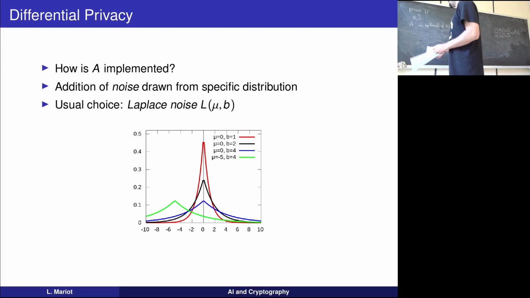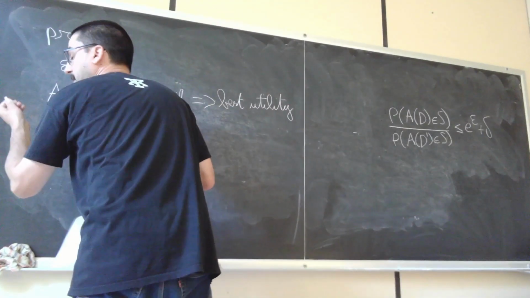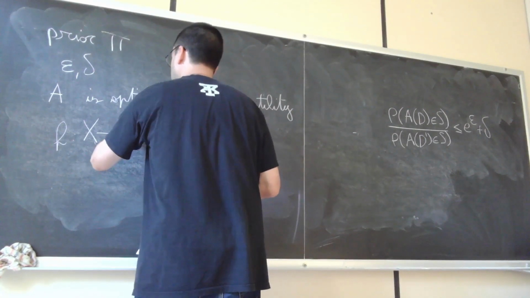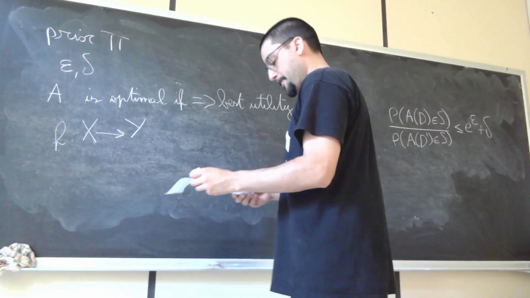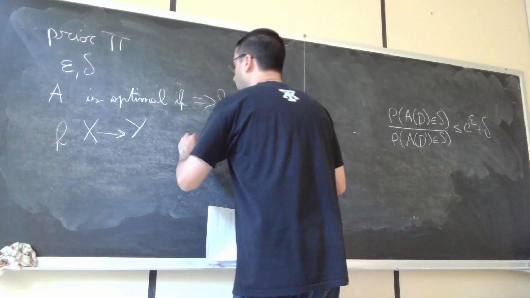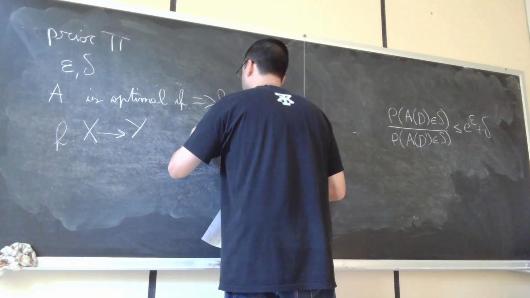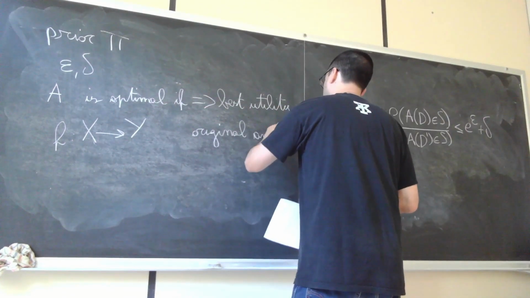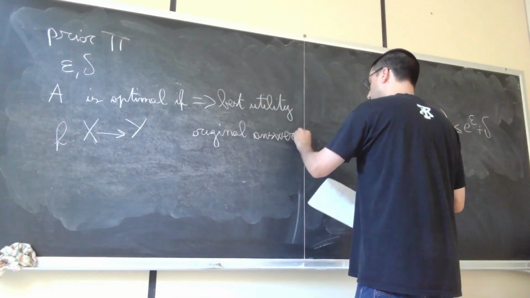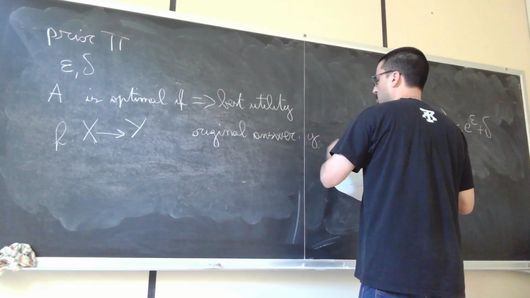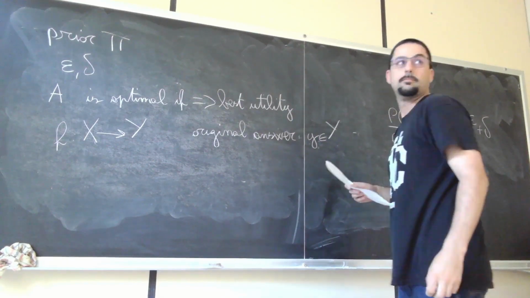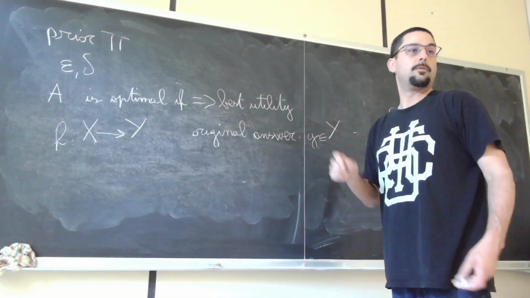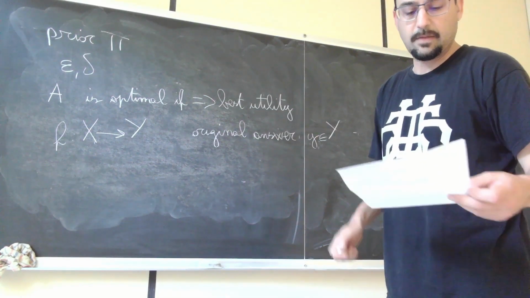Suppose that we have our initial query, the one that is not randomized, F, mapping from a set X to a set Y. And suppose that we have the original answer, which is small y in the set big Y. This is the original answer that might disclose some sensitive information to a particular observer or adversary.